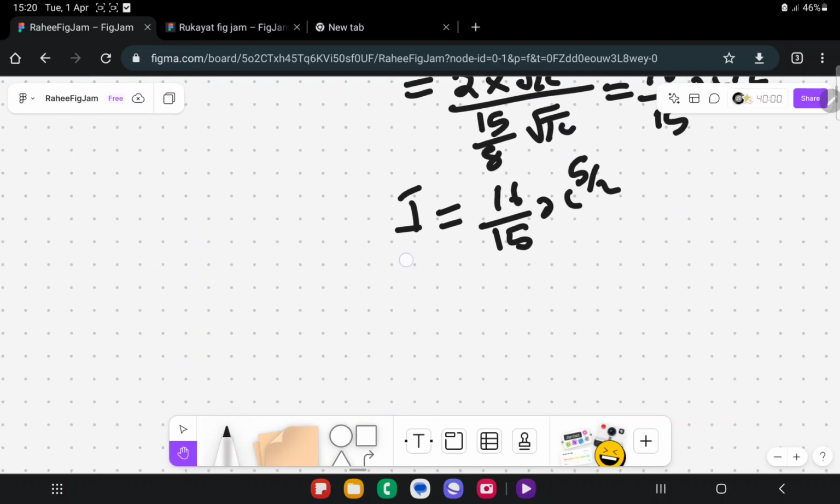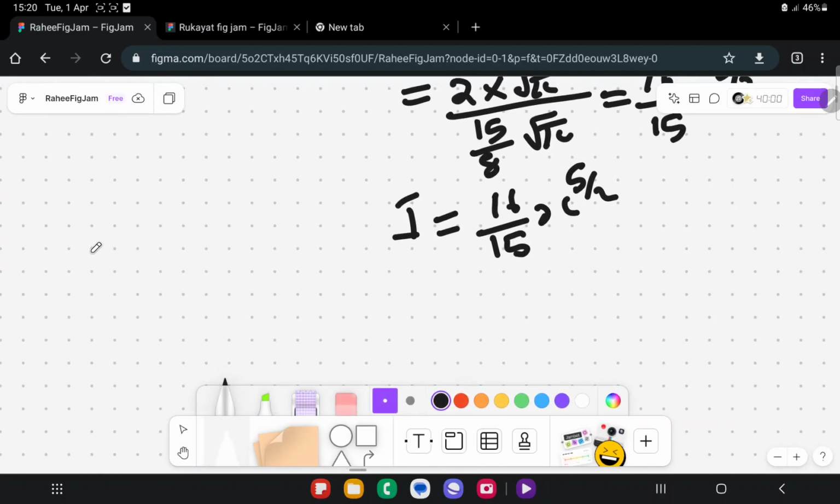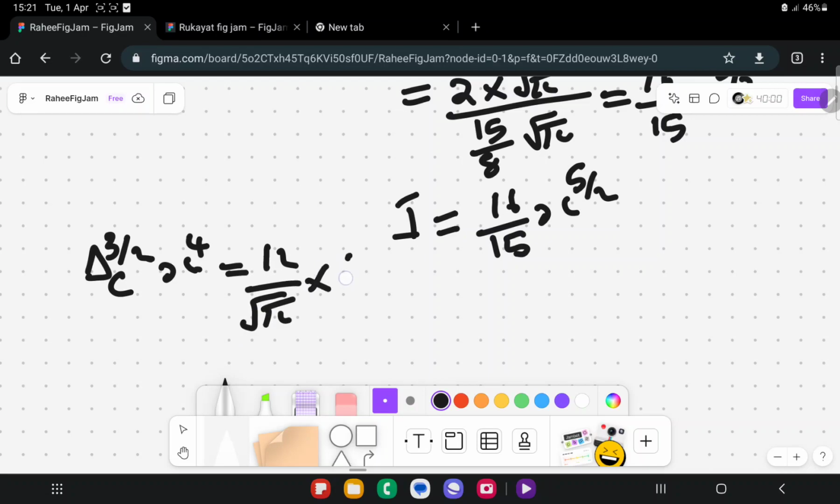Now if we take it back and substitute into our general question, remember we have 12 all over the square root of pi multiplied by 16 all over 15 x raised to power 5 all over 2.